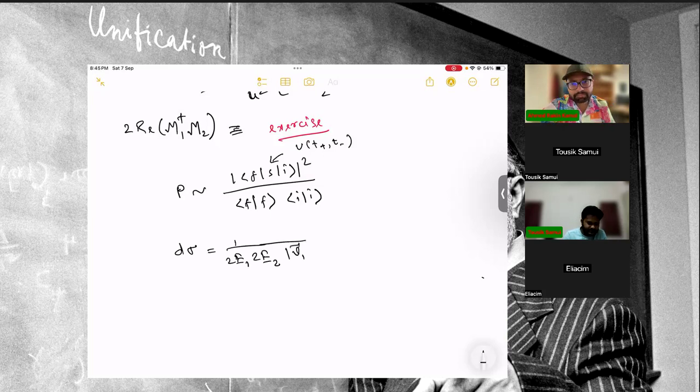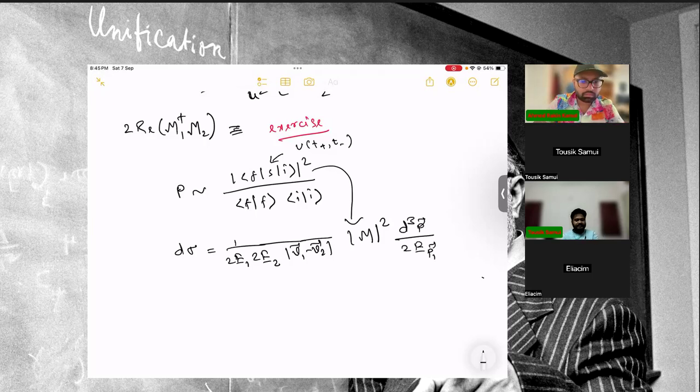And this whole thing comes here, and then you will have dP over E. This gives how the particles are distributed if there is a scattering between, let's say, incoming beams of 2 particles, for example in a collider, and they scatter off.